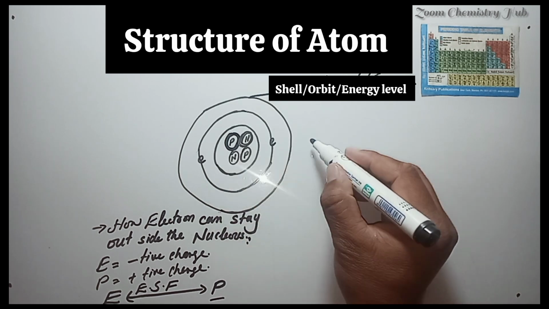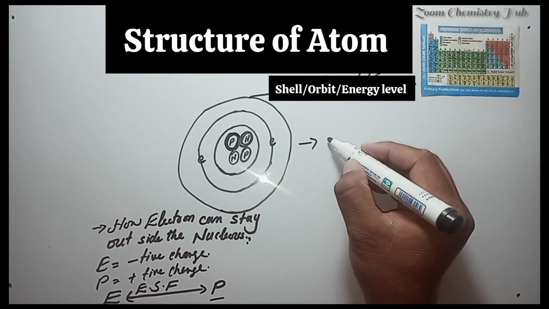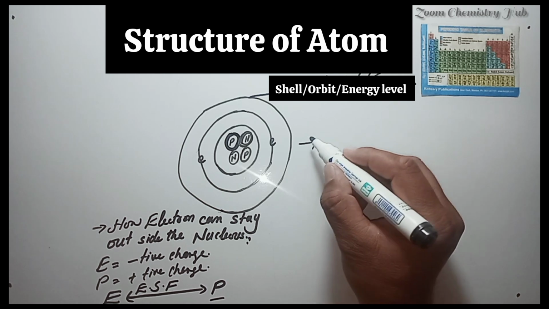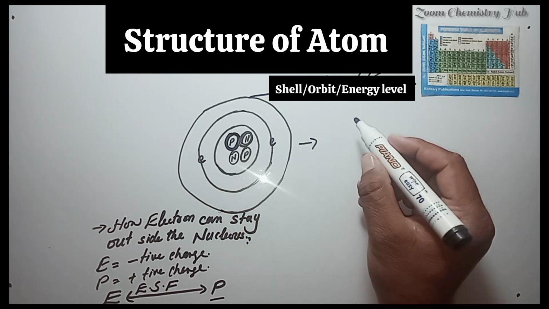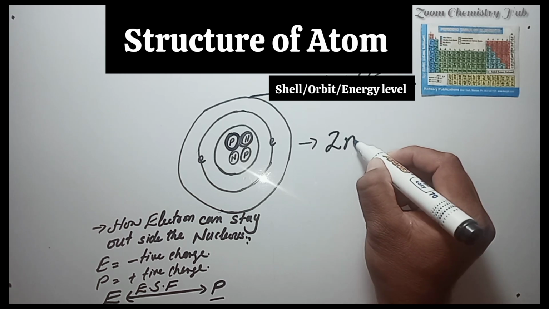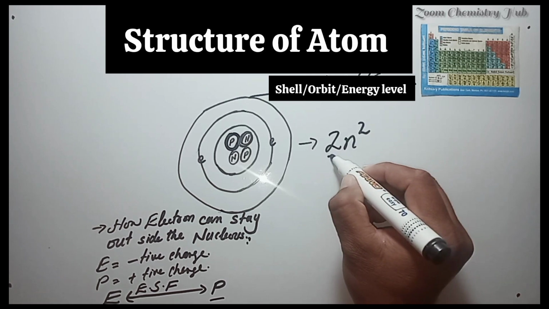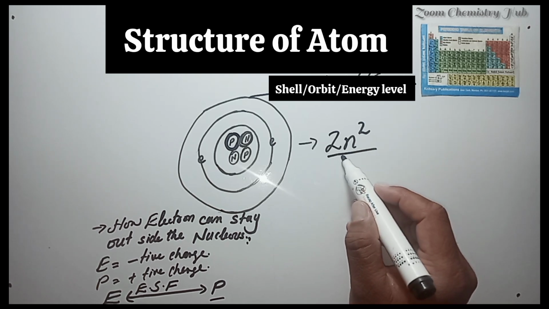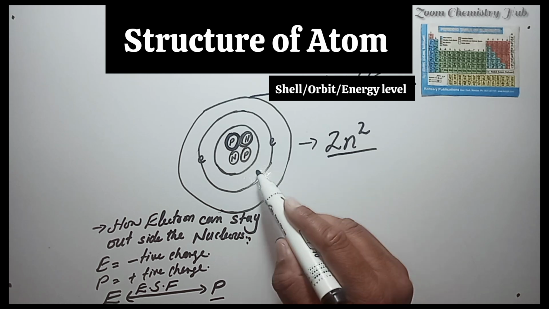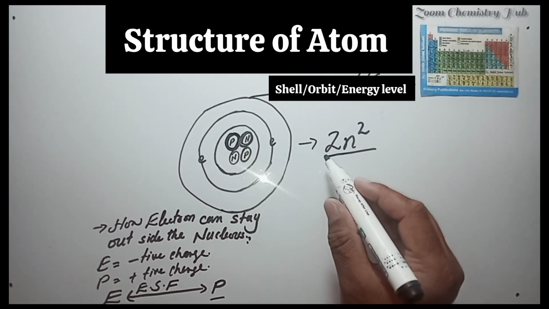In this circular path, electrons are revolving continuously, and the distribution of electrons in these circles follows the formula 2n square. By following this formula, electrons are distributed in different shells or orbits.